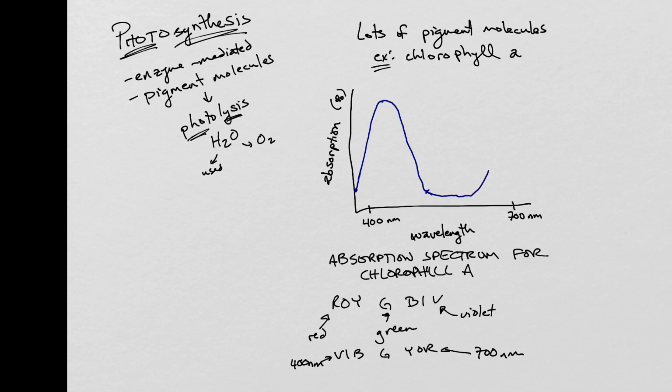Then, as we get here towards the yellow, orange, red area, we should have another peak, and then it should drop off. After the 700 nanometers, this doesn't become visible light anymore, so there's no way for the plants to absorb it. Particularly, this pigment only absorbs wavelengths of light in the 400 to 550 range, and then in the 600 to 700 range.